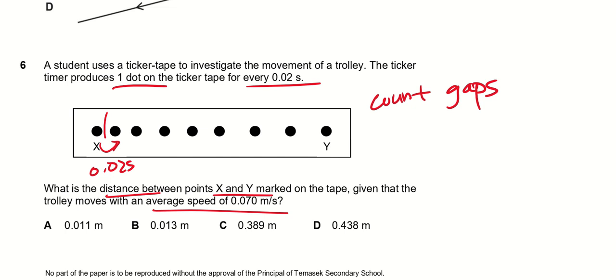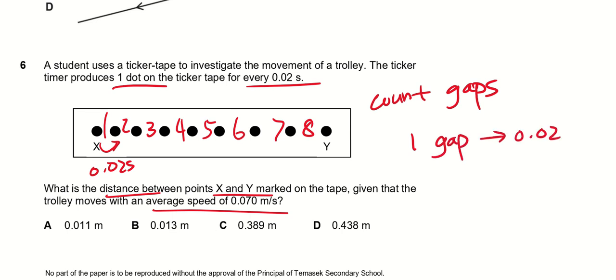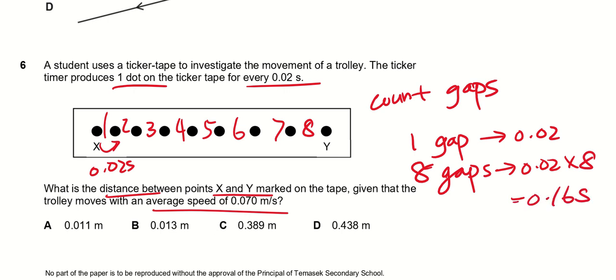From X to Y, we have 1, 2, 3, 4, 5, 6, 7, 8 gaps. For one gap, it takes 0.02 seconds. So for 8 gaps, I need 0.02 multiplied by 8, which is 0.16 seconds.